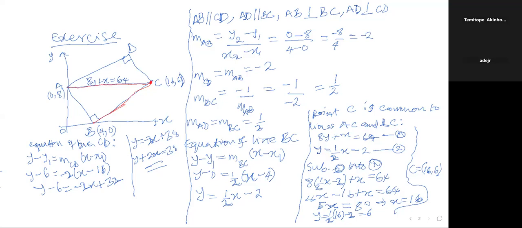So which two are the equations again? The y plus 2x equals 38. What was the other one again? Yes. Solve this equation with this one. Let me circle it. That's the equation of line CD with the equation of line AC given.